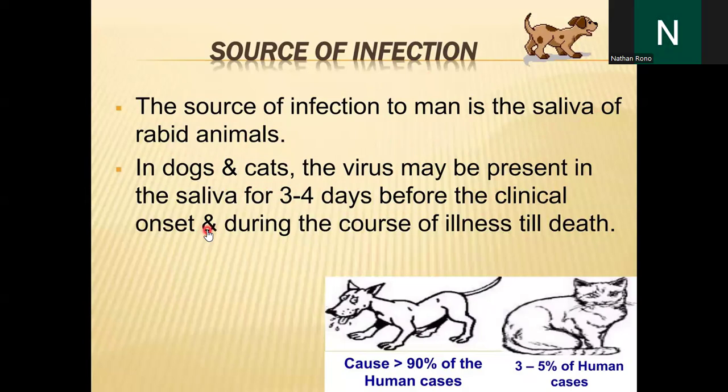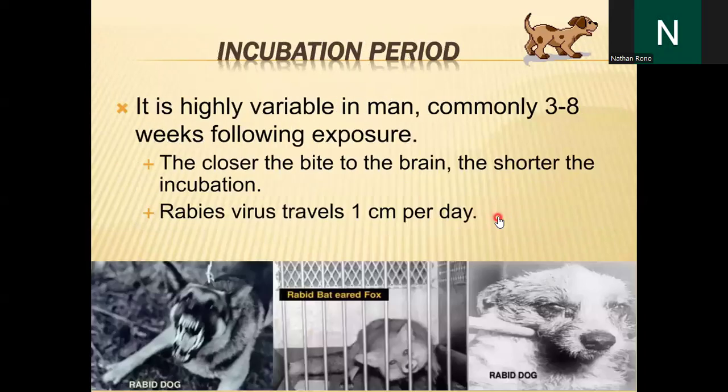Cause of 90% of human cases is dogs, then cats. We said you can have the mongoose, and bats, they can be the reservoirs. We also see foxes.